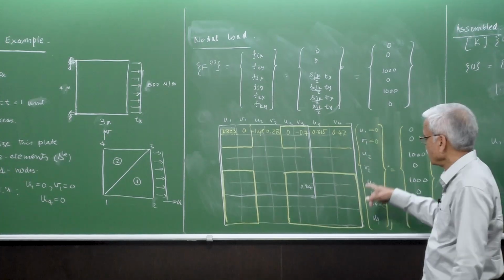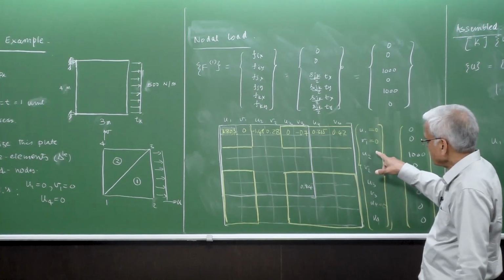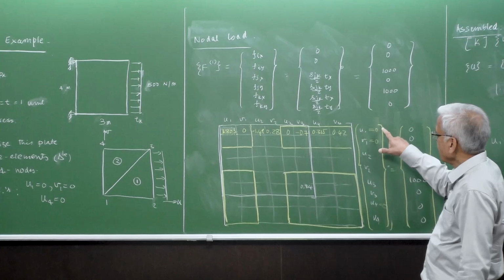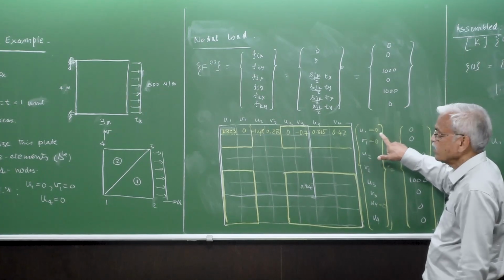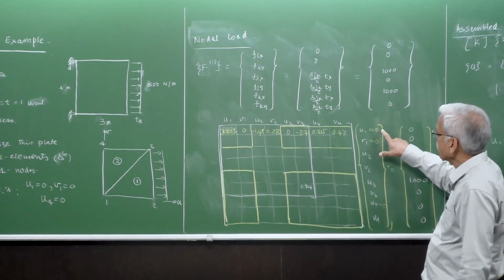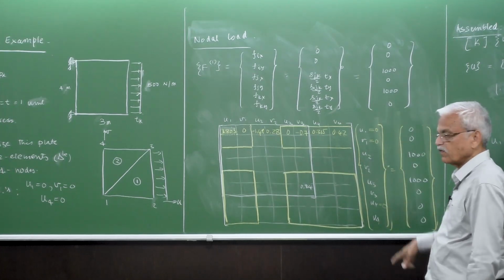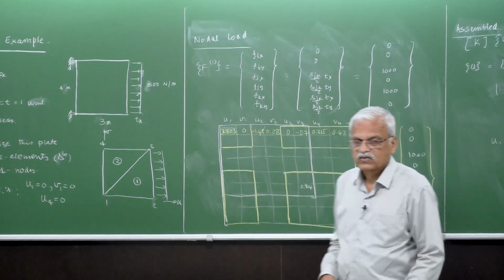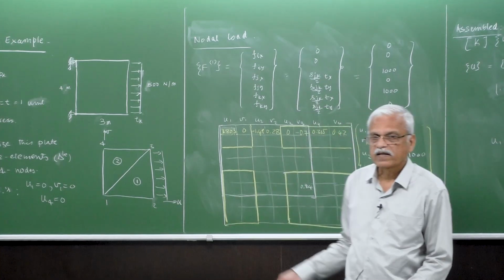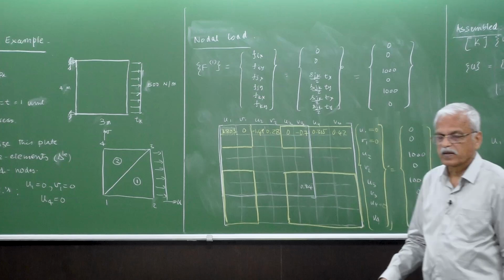The potential energy will be minimized with respect to these, and the displacement set will have no control on u1, v1 and u4.